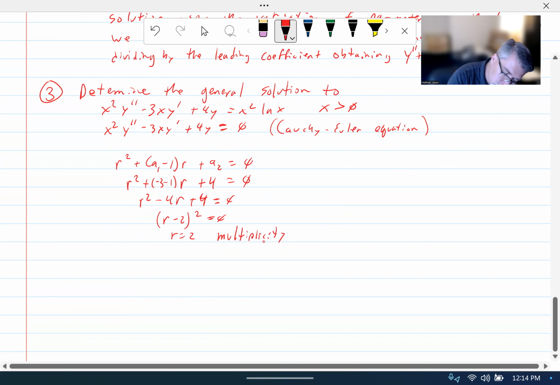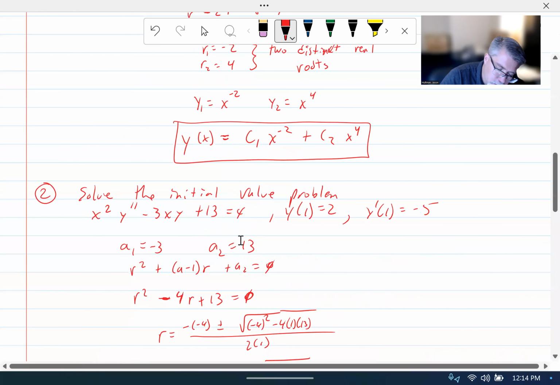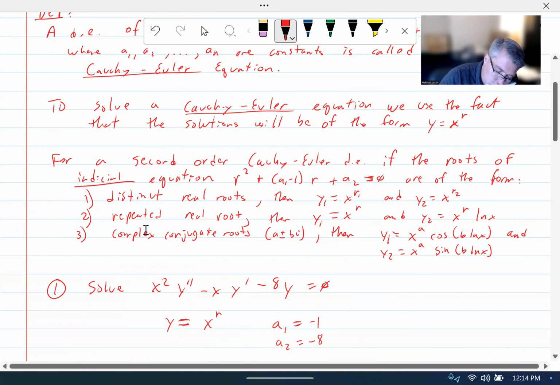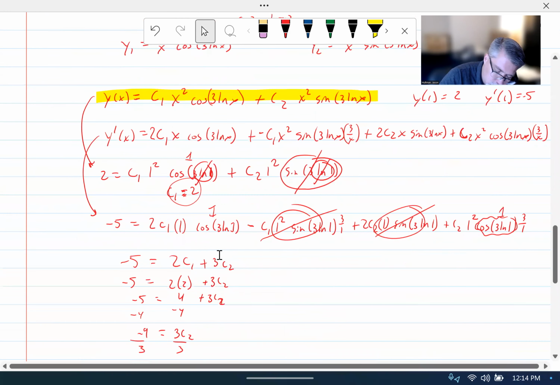So let's go back to our table here that says, what happens when I have a repeated real root? Then we have y1 equals x to the r, and y2 equals x to the r times natural log of x. So those are going to be my two functions.